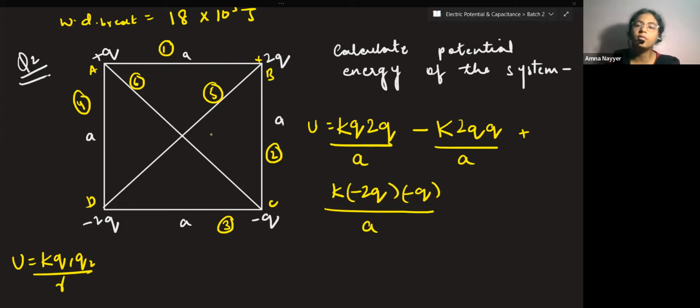Rishan, you tell us what will be U4? The first charge plus Q, other charge minus 2Q. Separation between them is small a. This is the general formula that you have. Yes, Rishan.